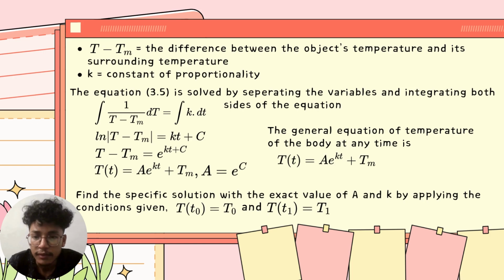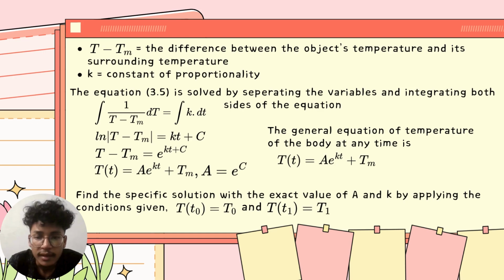The integral of 1 over (T - Tm) dt equals the integral of k dt. ln|T - Tm| equals kt + c. T - Tm equals e to the power of kt + c. T(t) equals A e to the power of kt plus Tm, where A equals e to the power of c.